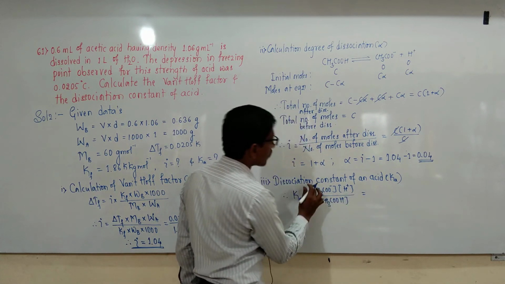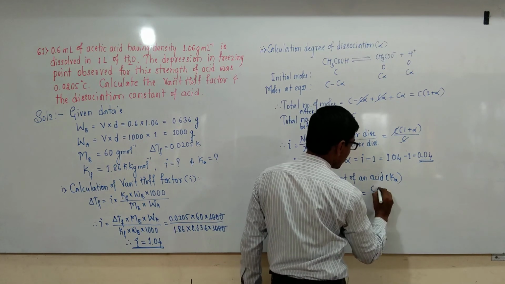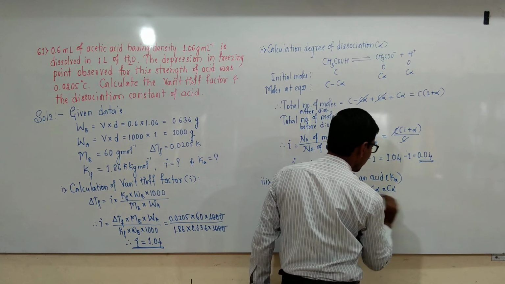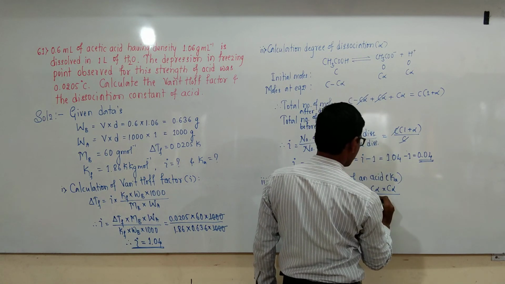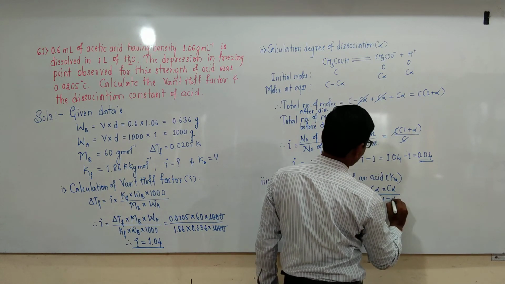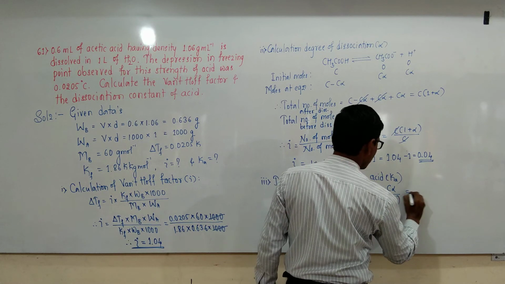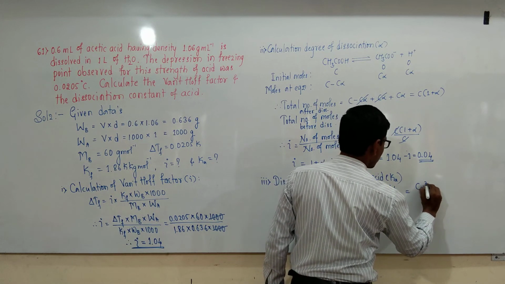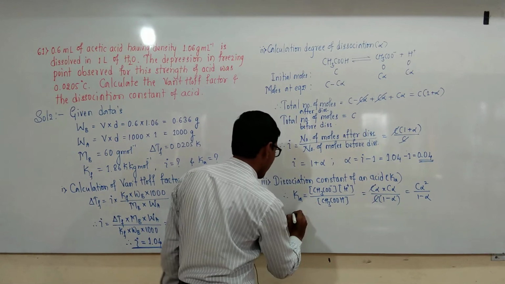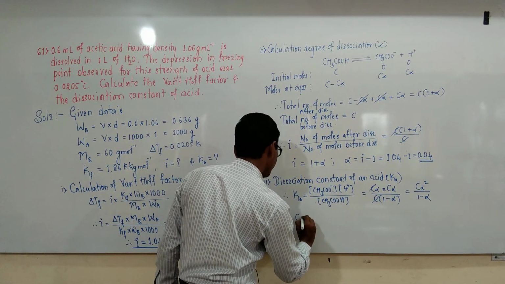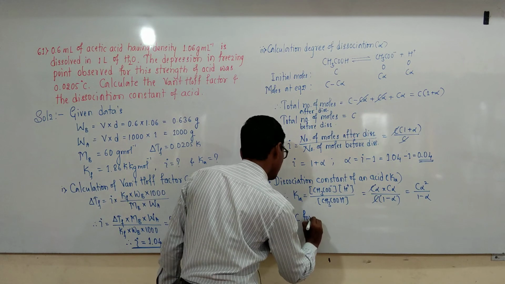Here the concentrations of acetate anion and H plus are C alpha into C alpha divided by molar concentration, that is C into 1 minus alpha. C cancels. This is C alpha square divided by 1 minus alpha.